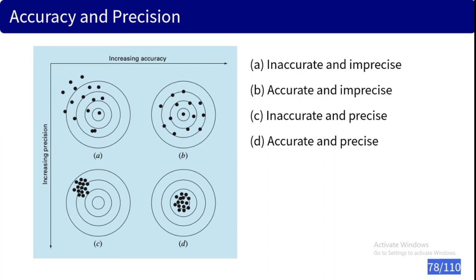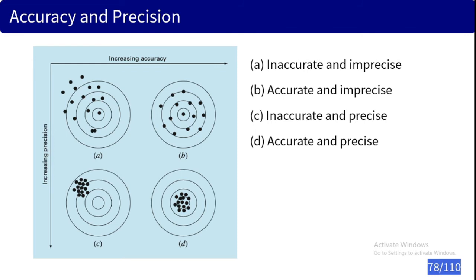So we can say here that although they are imprecise because they are scattered, and the errors in between the computations are large, we can say that it is accurate because it is close to the true value.